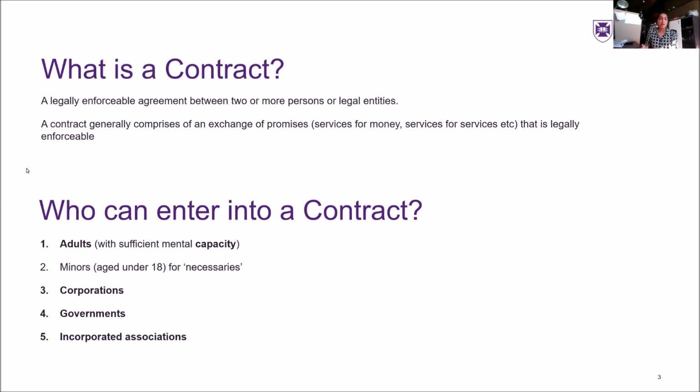Corporations can contract, so they are a legal entity, so that's all companies, small or big, can contract. Governments are legal entities that can also contract, as well as incorporated associations. So incorporated associations can cover a huge breadth of different types of legal entities, from not-for-profits to body corporates and so on. So things like the university would most likely fall under that.